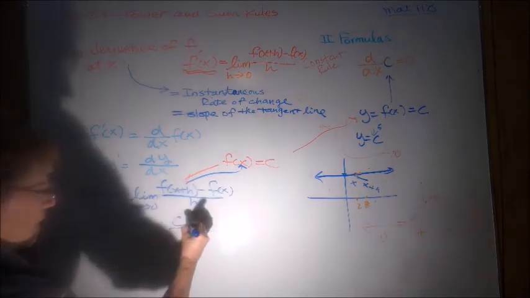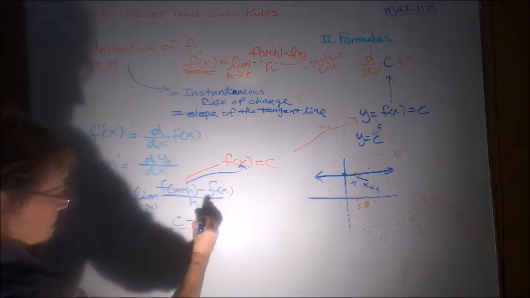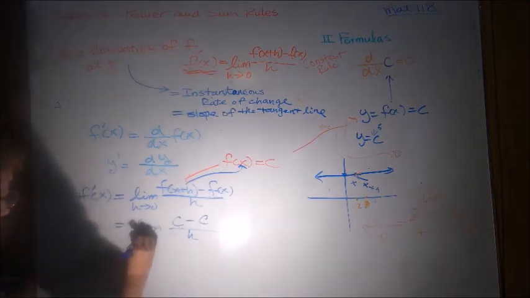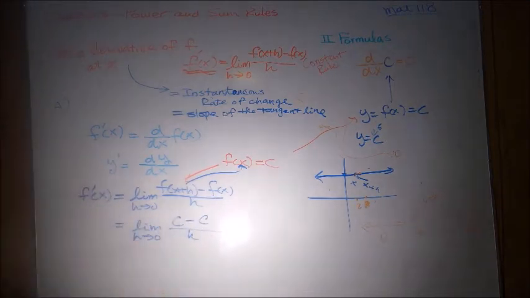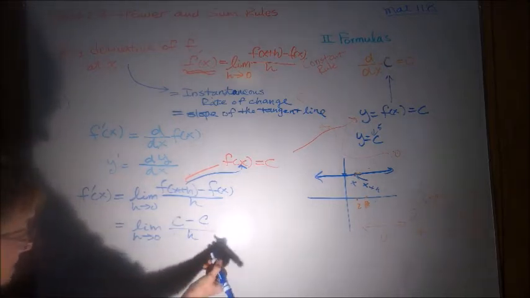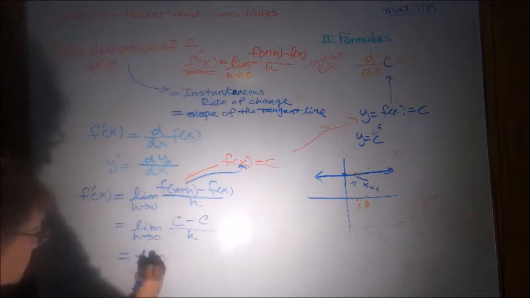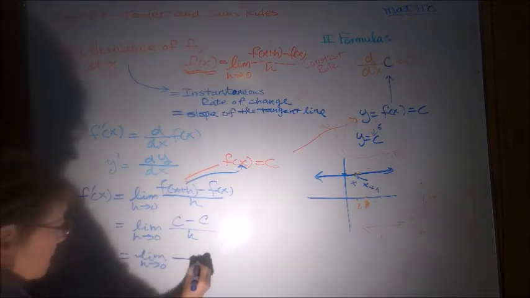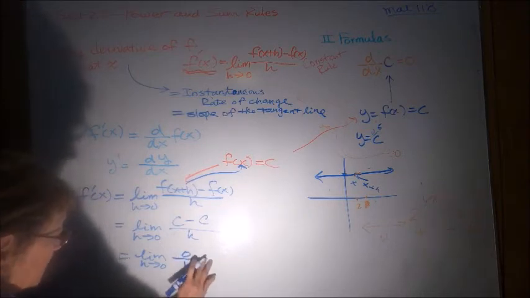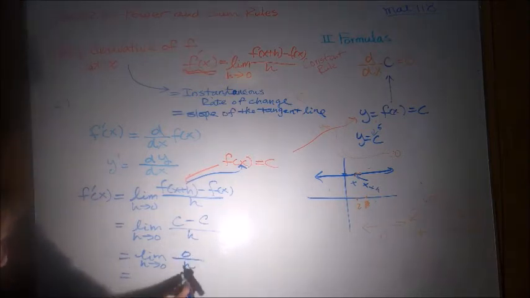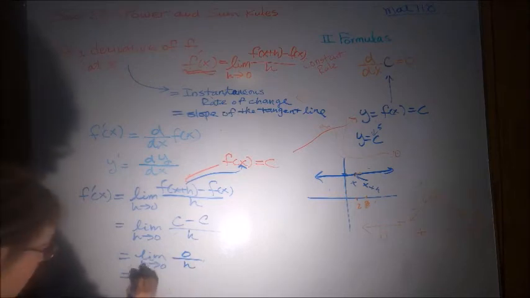So that's f of x plus h minus f of x, over h. h approaches 0, but it cannot be 0, right? So what do we have? C minus C is 0. The limit as h approaches 0 of 0 divided by h. 0 divided by h is 0.